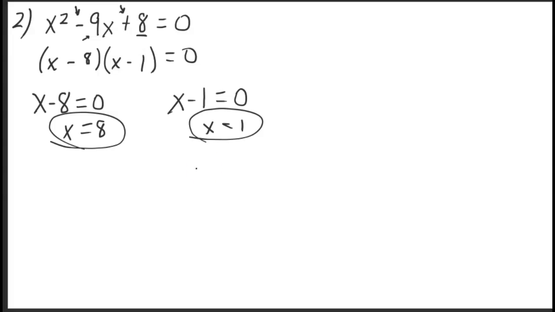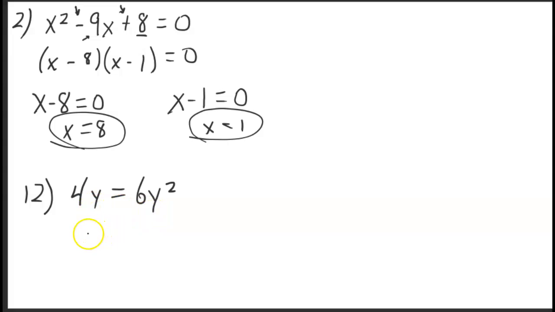Now, let's jump down to number 12 as an example. It says 4y equals 6y squared. Remember, our first rule when we want to solve by factoring is to set the equation equal to 0.